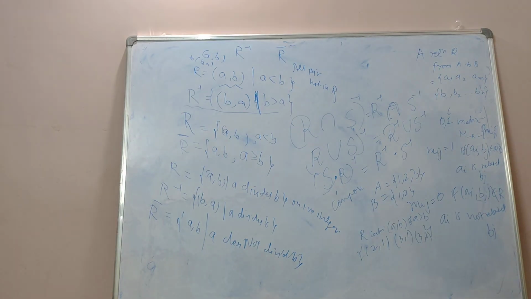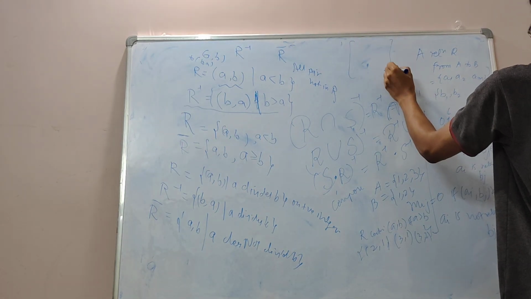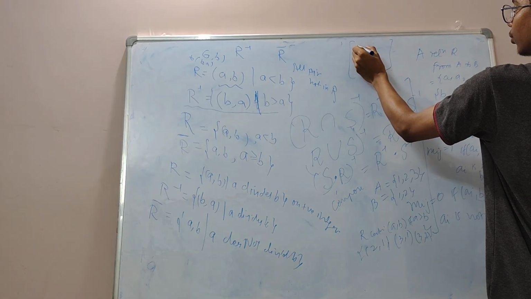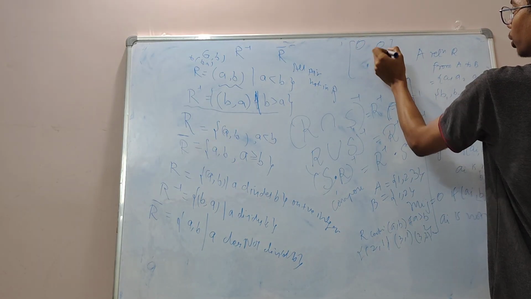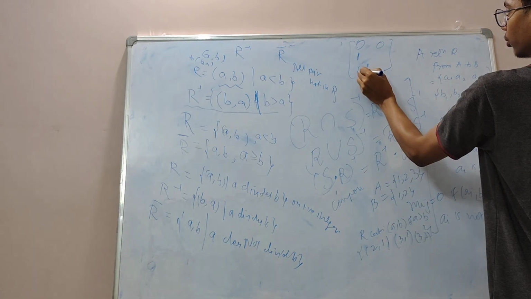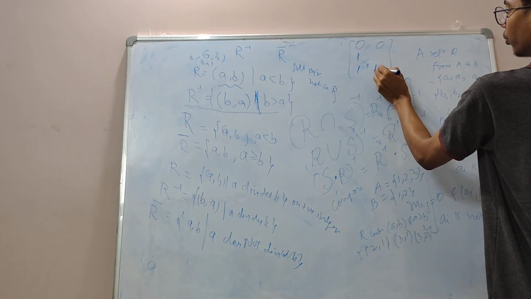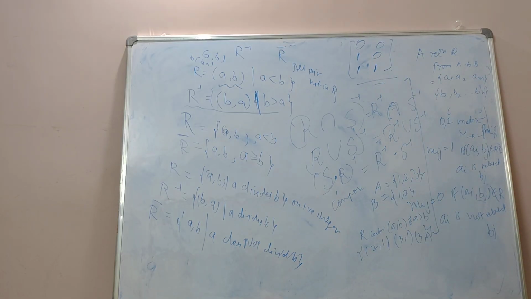So my matrix will be like this. So (1, 1) will be 0, (1, 2) will be 0, (2, 1) will be 1, (3, 1) will be 1, (3, 2) will be 1, and (2, 2) is also 0. This will be my matrix.